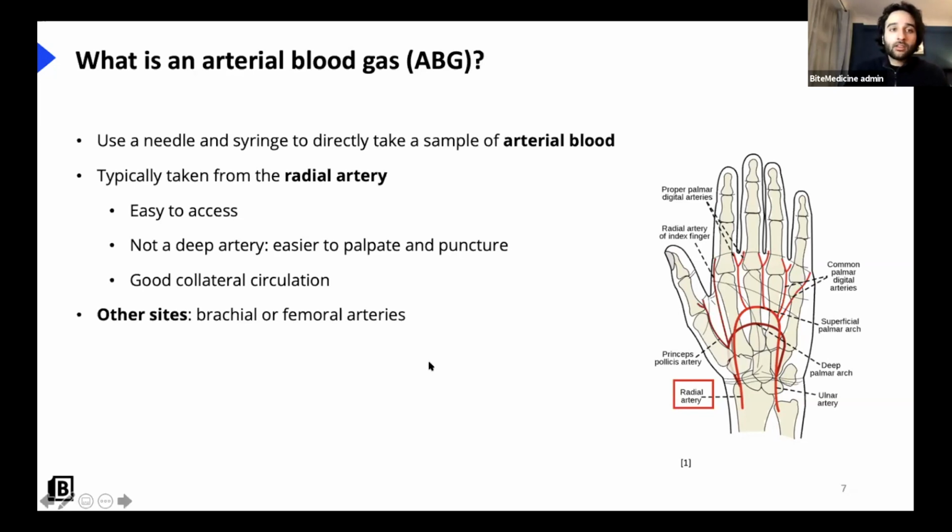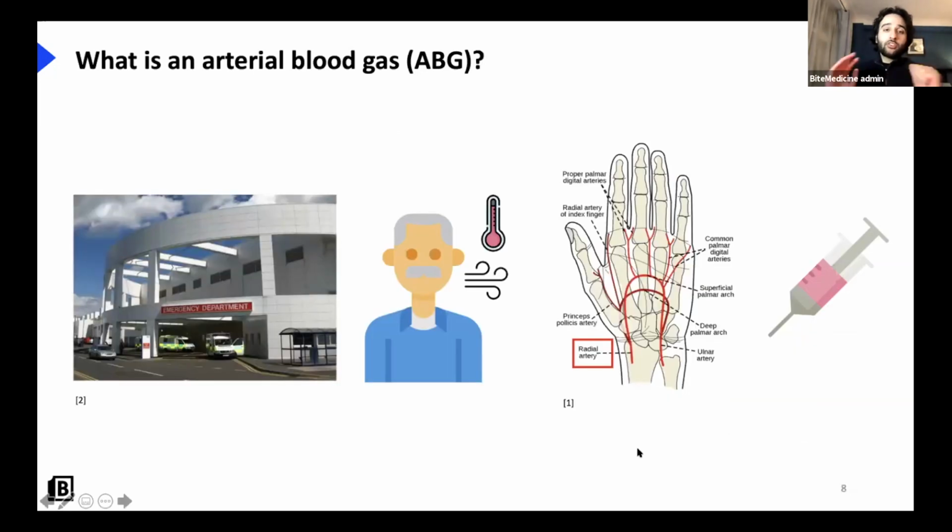So what I want you to imagine for the rest of this webinar is that you are either a junior doctor or physician associate based in A&E, and you are assessing this chap, this one case which we're going to start off with, who has presented to the emergency department.